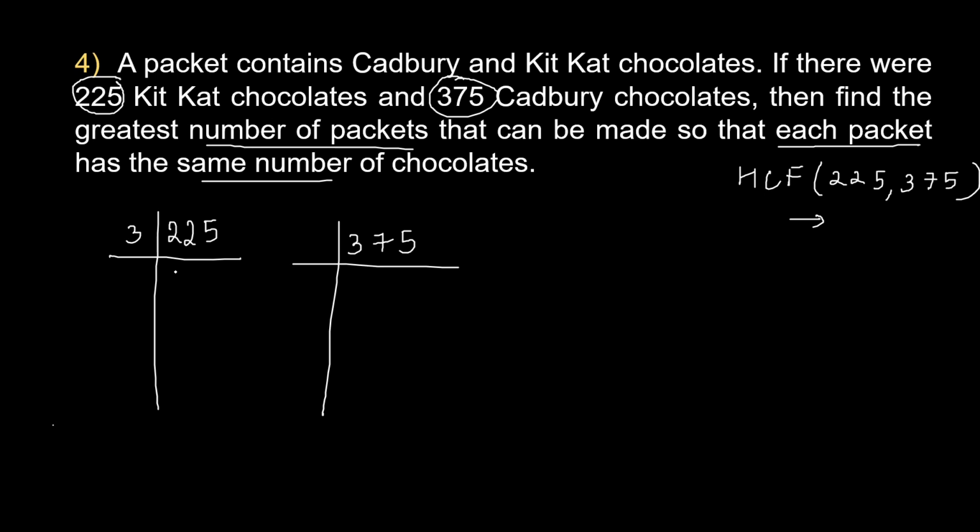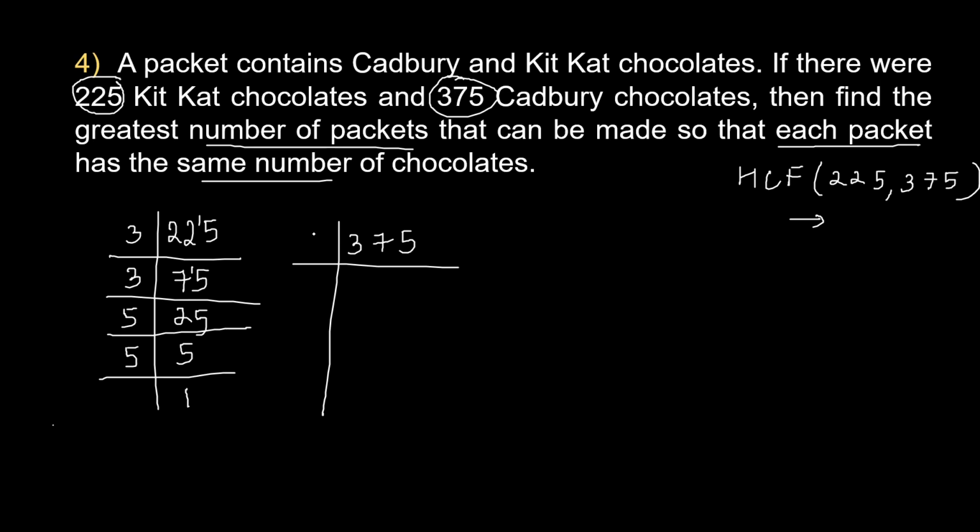So 3 7s are 21, carry 1, 3 5s are 15. Again 3 2s are 6, carry 1, 3 5s are 15. Now 25 is not divisible by 3, so we take the next prime number, that is 5. So 5 5s are 25 and 5 1s are 5.